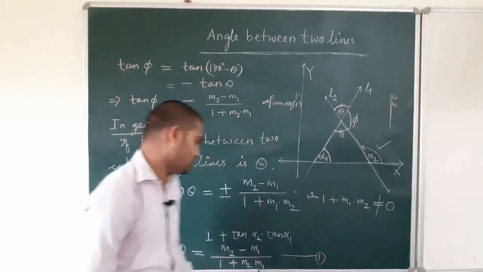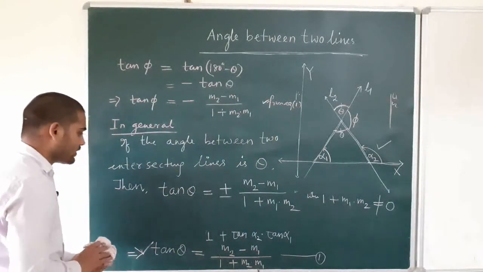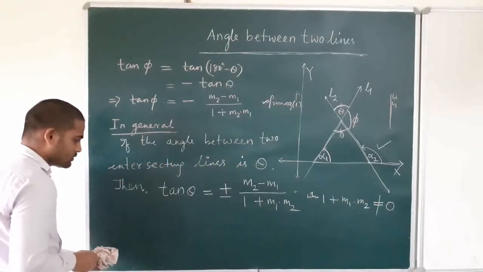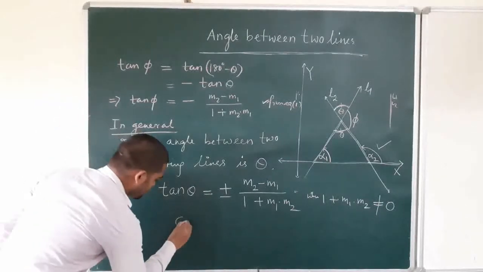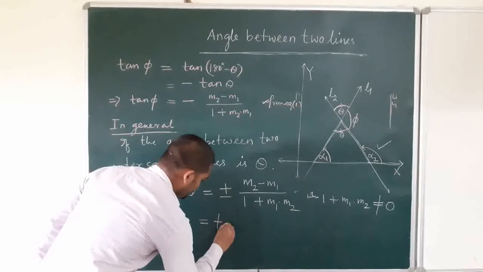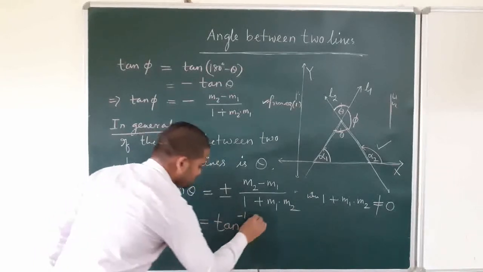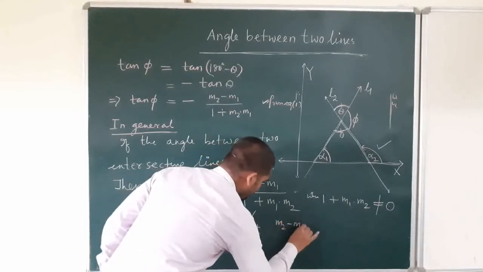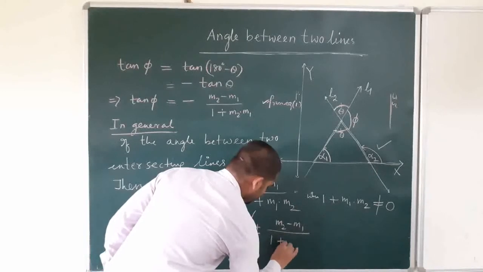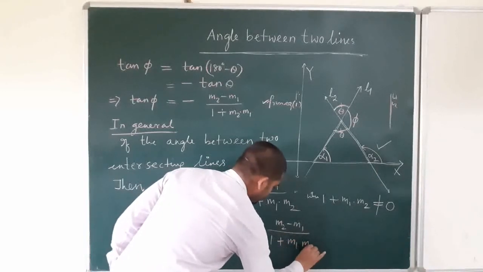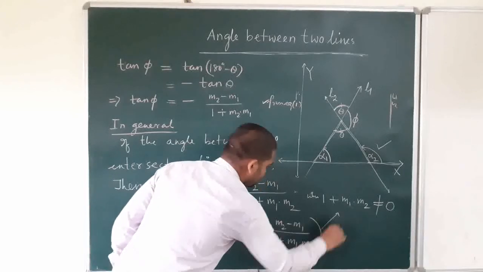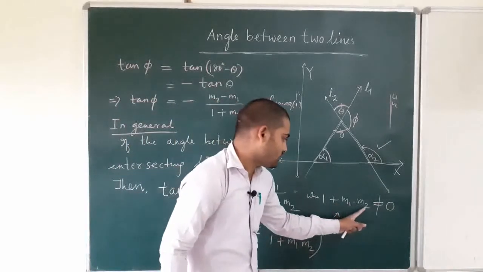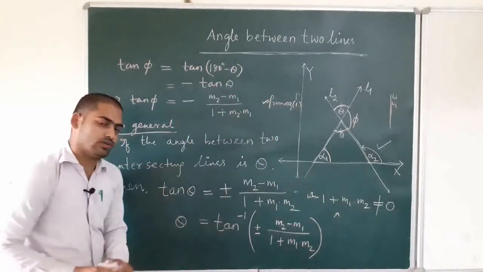This is the condition here. Okay? And you may write theta is equal to tan inverse of plus minus m2 minus m1 by 1 plus m1 into m2, where 1 plus m1 into m2 does not equal 0.